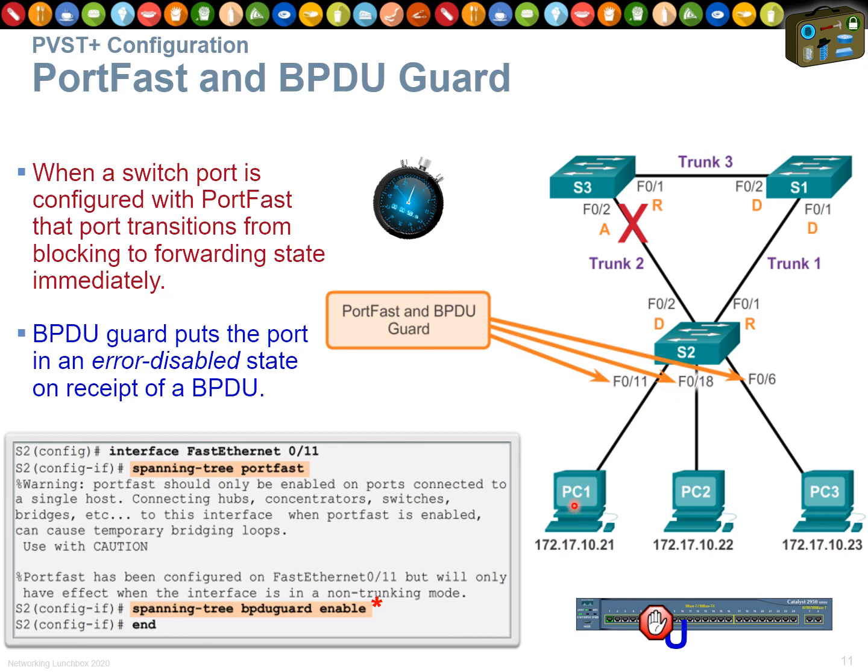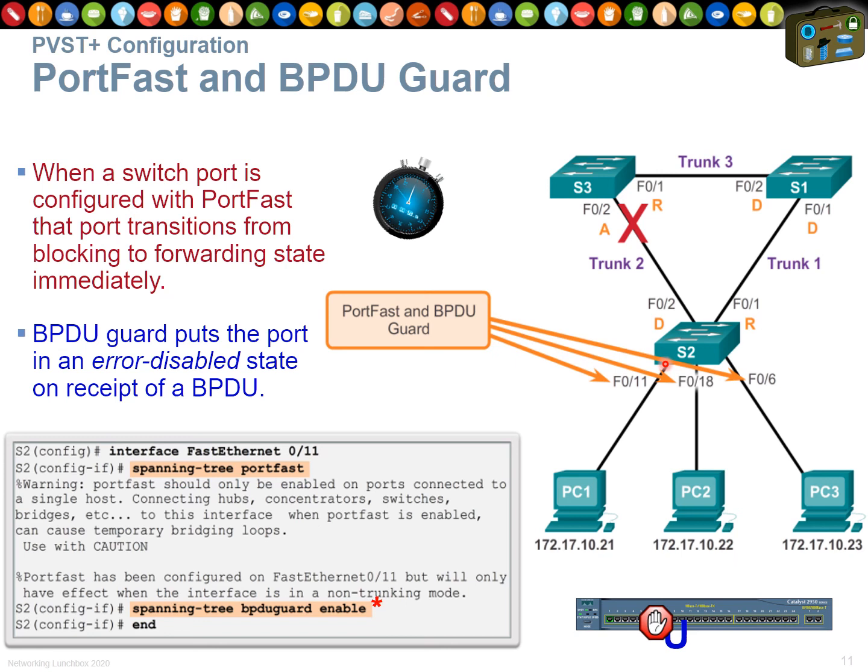But now we say, okay, BPDU guard. So this is a PC. A computer is never going to generate a BPDU. So if this port 11, 18 and 6 ever receive a BPDU, that means someone's done something silly like this. So bang, instantly shut down that port.